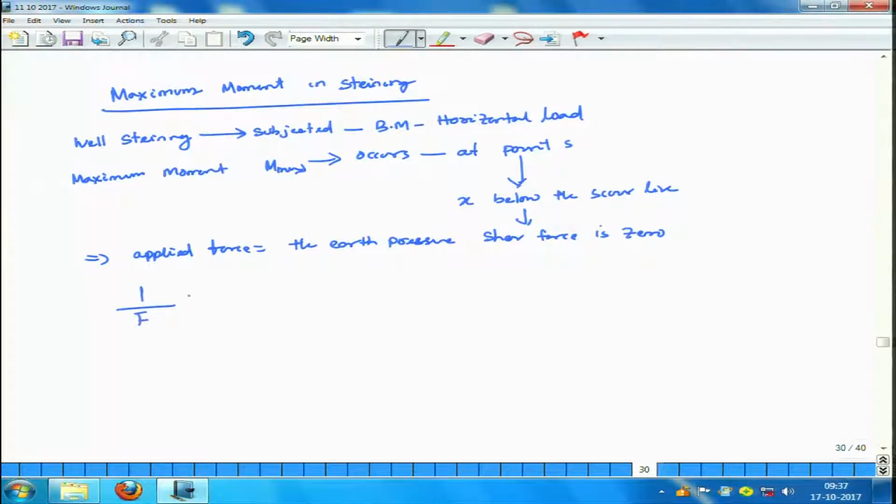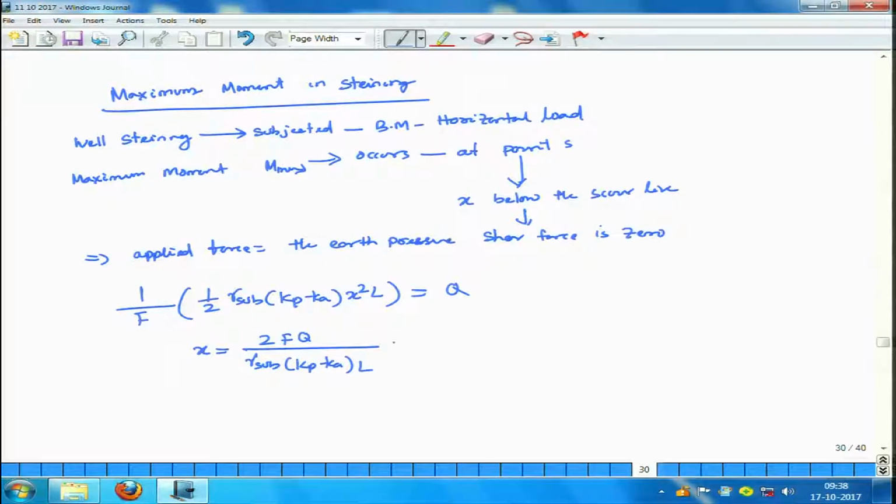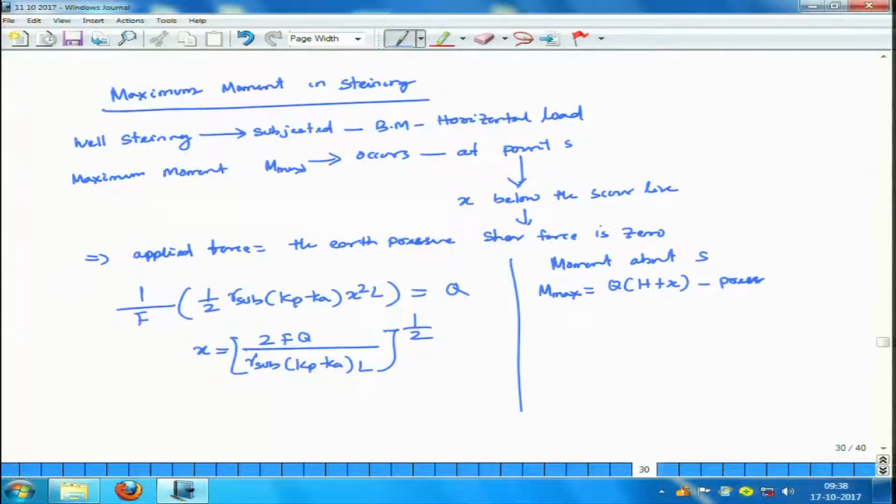That means 1 by factor of safety into half gamma sub m Kp minus Ka x square L is equal to Q. So, x is equal to 2FQ divided by gamma sub m Kp minus Ka into L. So, taking moment about S, M maximum is equal to Q into H plus x minus pressure force into x by 3.